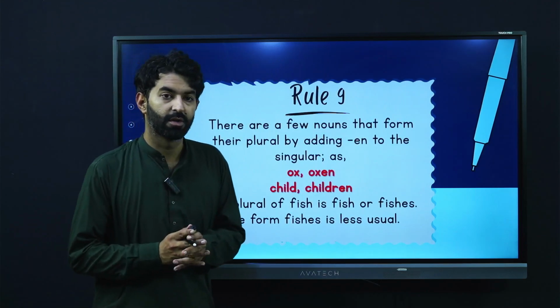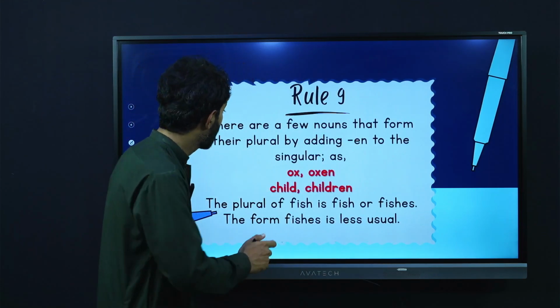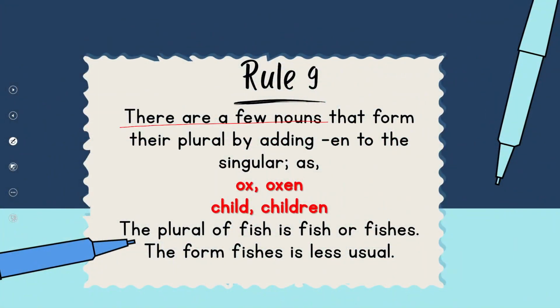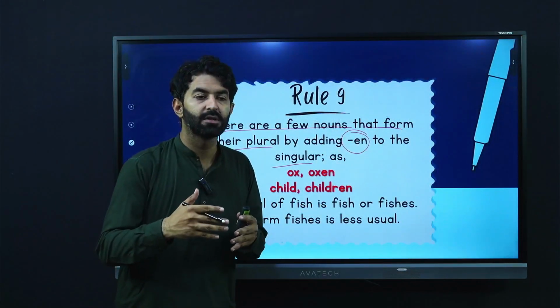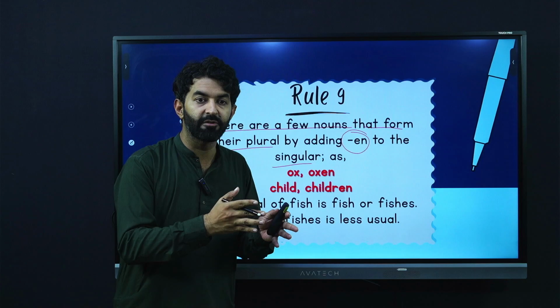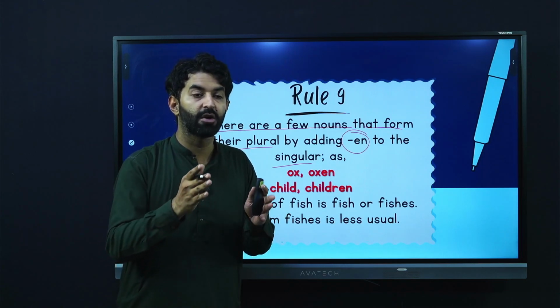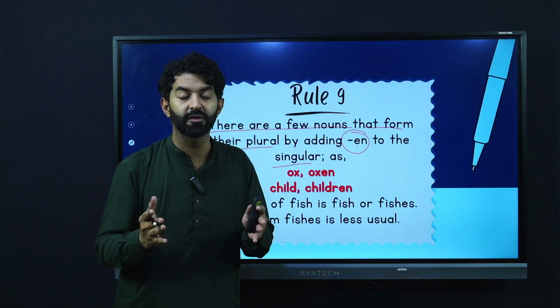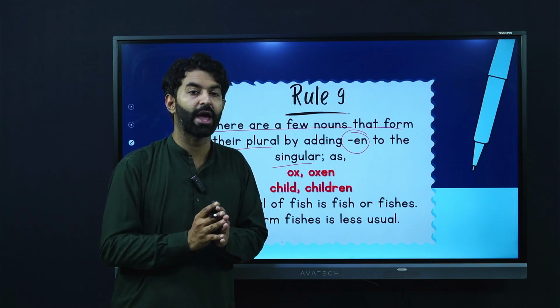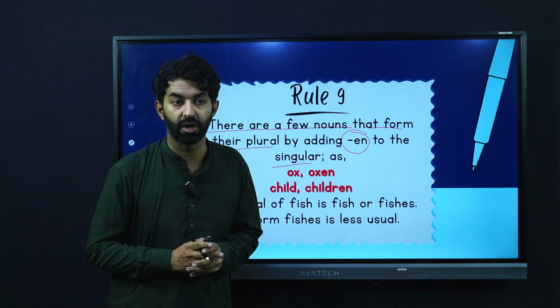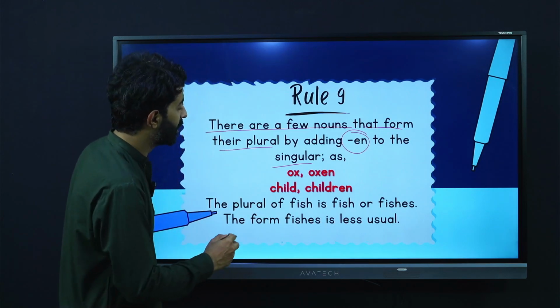Now, next rule, rule number 9. There are a few nouns that form their plural by adding en to the singular. Up till now, we have been adding s, es, removing f to add ves, removing y to add ies, but now we are going to add just en at the end of our singular noun to form a plural noun.